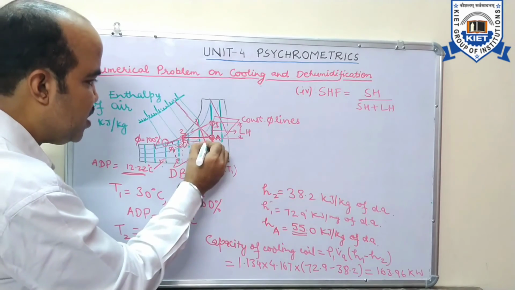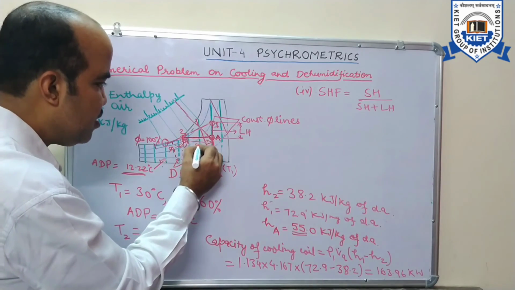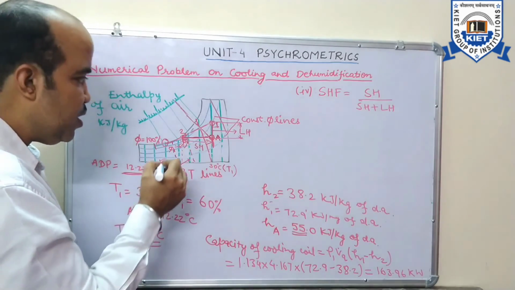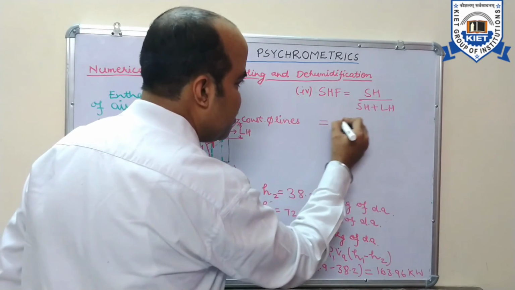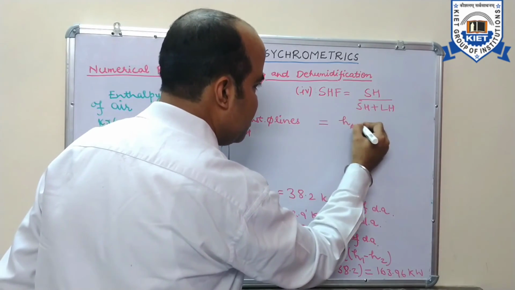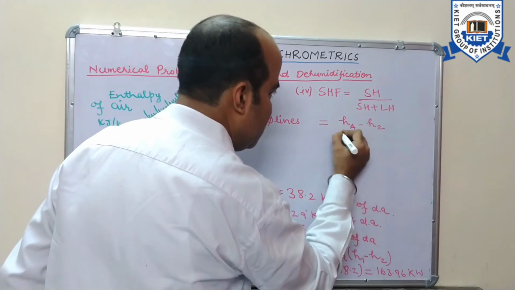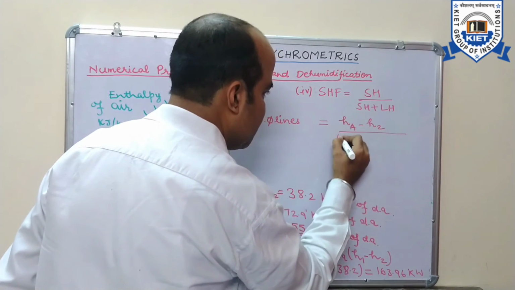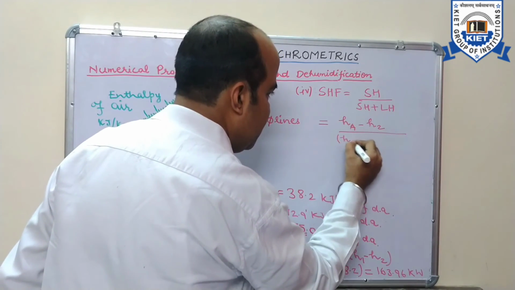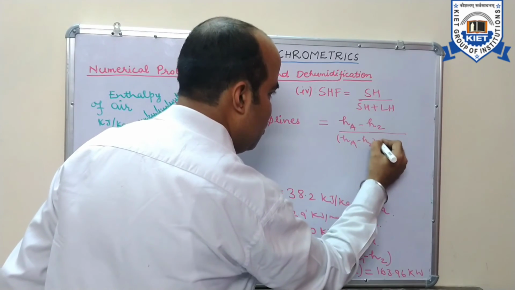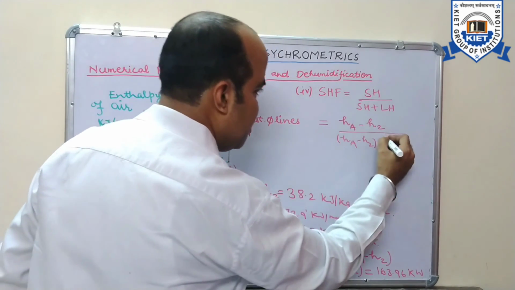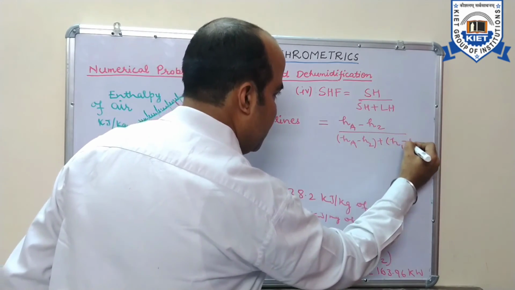So the sensible heat factor is equal to HA minus H2 divided by HA minus H2 plus H1 minus HA.